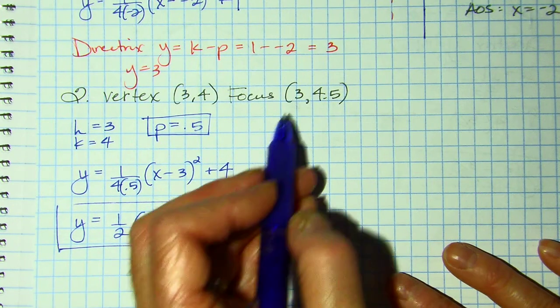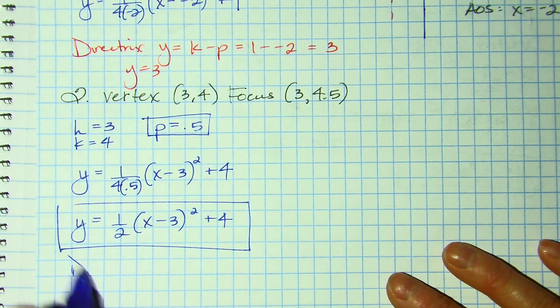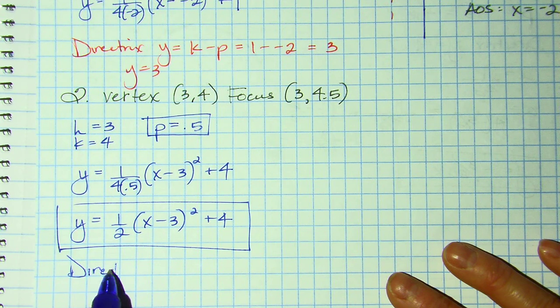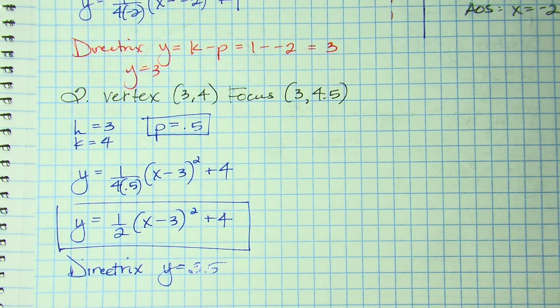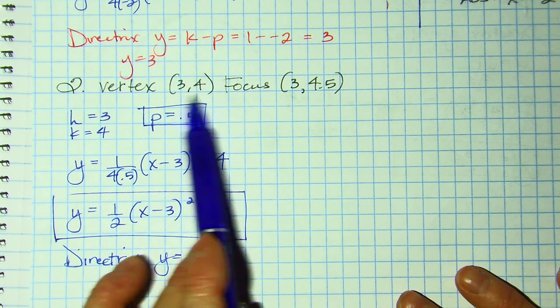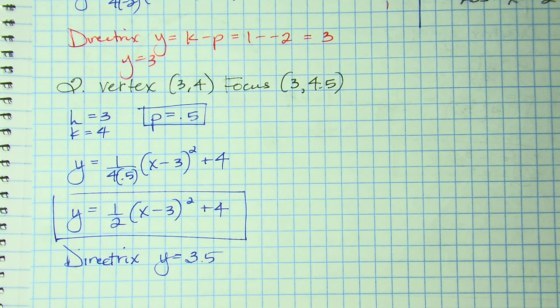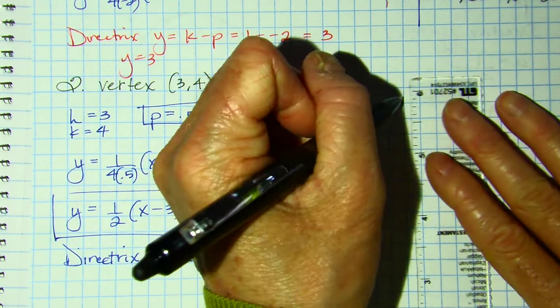If our focus is at 4.5, then our directrix should be in the opposite direction, so that would put it at 3.5. Because you're going behind the vertex, if it helps, graph what you know so far.